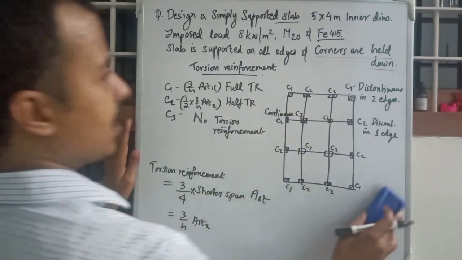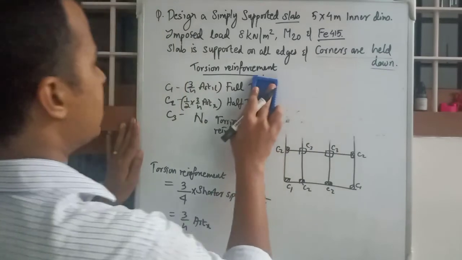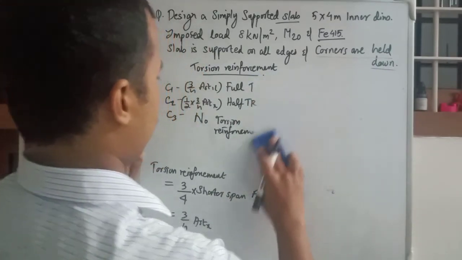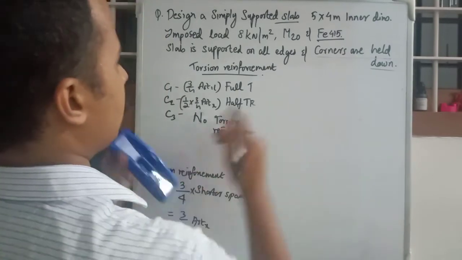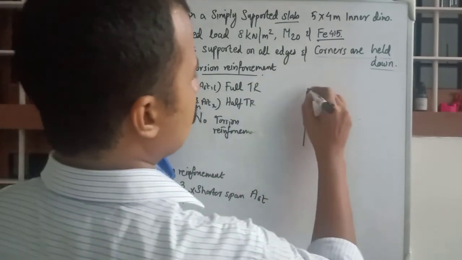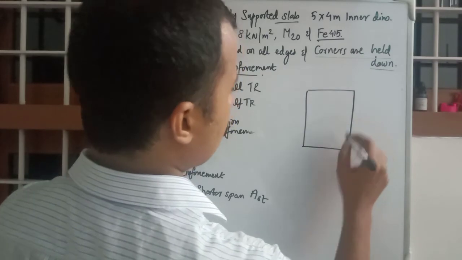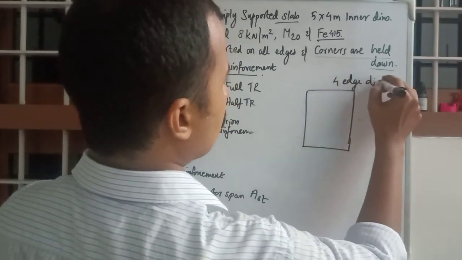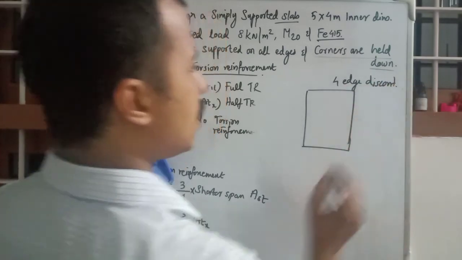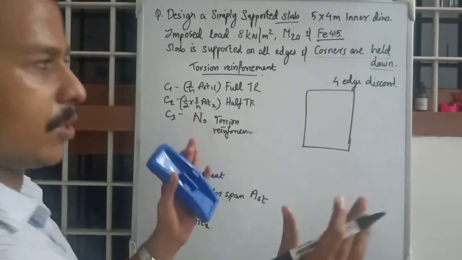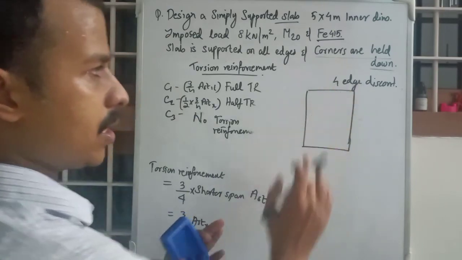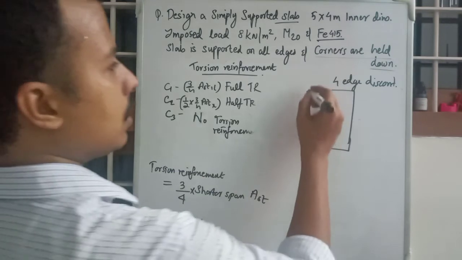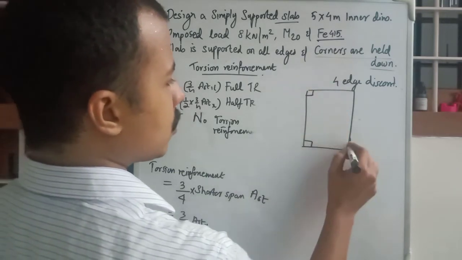In our case, the slab is 4 edge discontinuous, right? There is no continuation. We have restrained the corners, but the slab is 4 edge discontinuous. So what will be the type of corners?